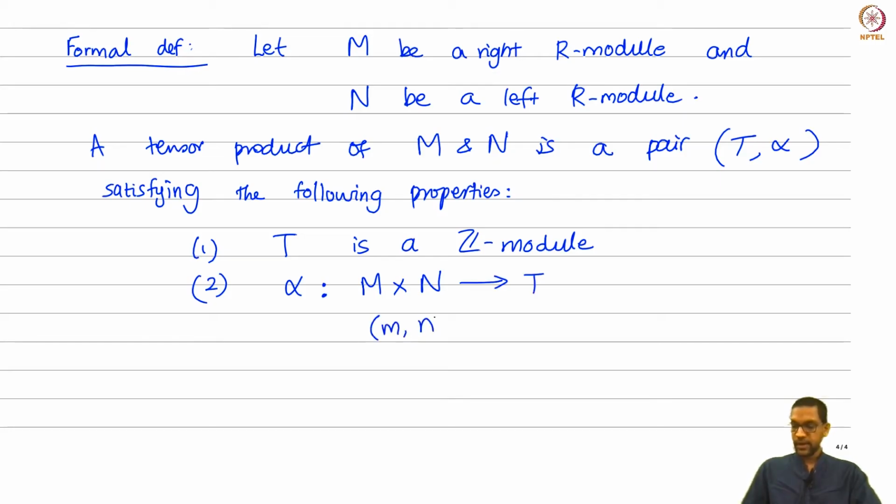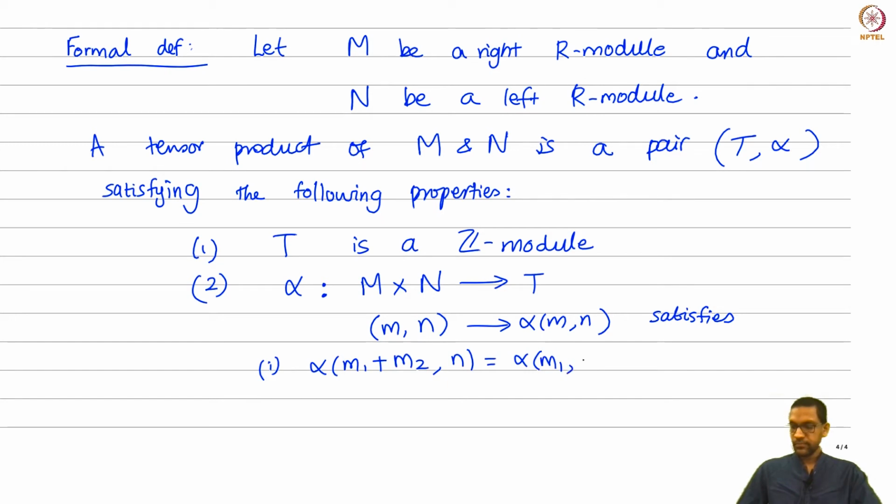Okay, m comma n maps to whatever it is, alpha of m comma n. Alpha satisfies bilinearity in the following sense, that if I replace m by m1 plus m2, then I get a sum.